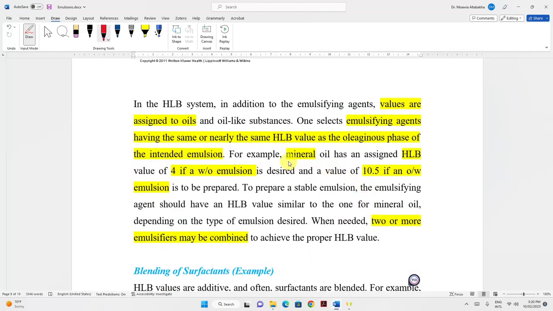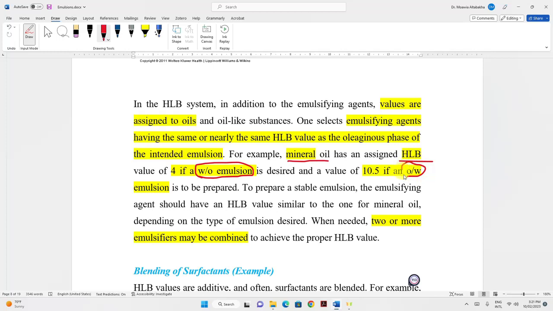This is an example. The scientists were able to give oils an HLB number, HLB value, depending on whether this oil will be in the internal phase or external phase.